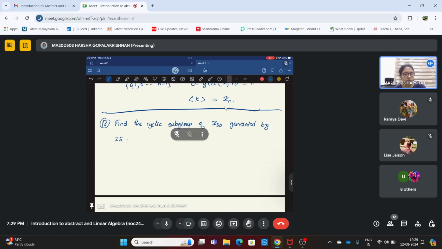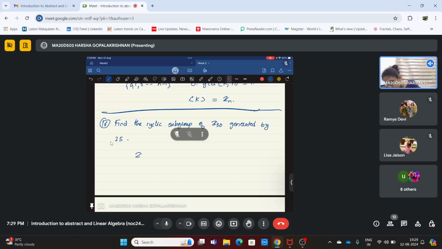Every Z(n) is actually cyclic. We can say 1 always generates the whole Z(n), so Z30 is cyclic. And again the subgroup of a cyclic group is always cyclic. So find that cyclic subgroup which is generated by the element 25.